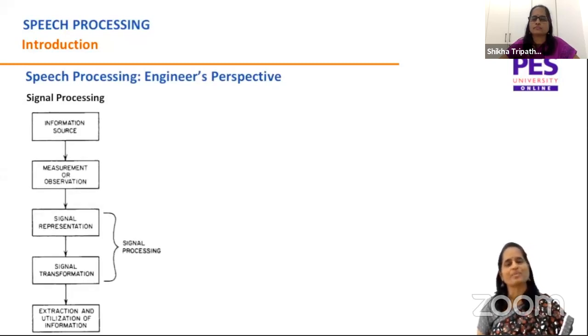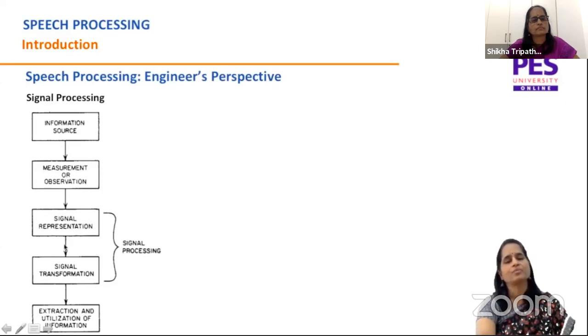So looking at this whole broad domain of signal processing, what do we as signal processing engineers actually do, or what are the various modules we generally go through? Initially, the first thing is the source itself. So you have an information source, followed by a measurement or observation. Then we try to represent the signal in some way which we can mathematically understand.